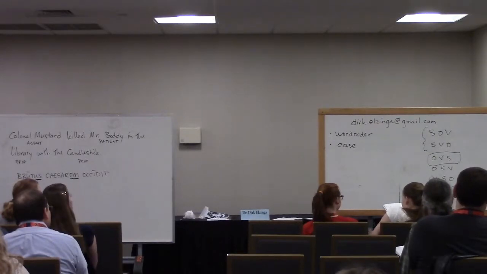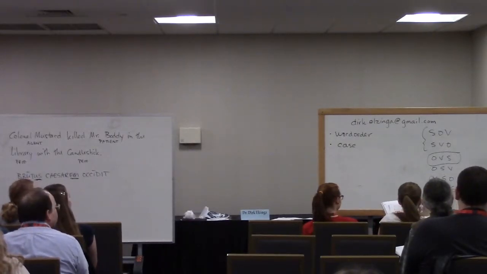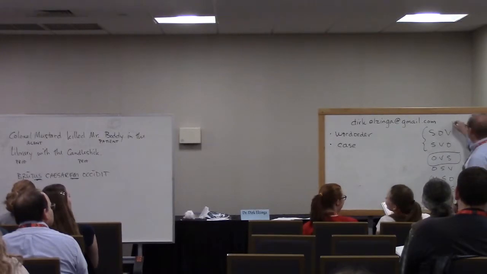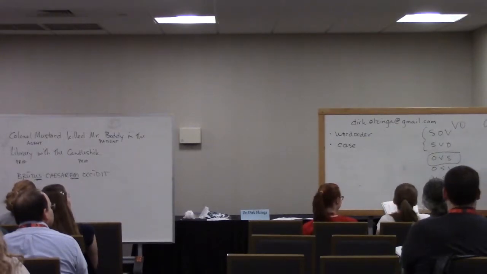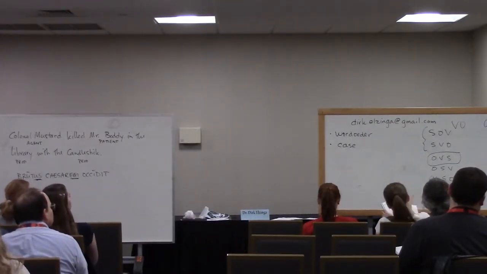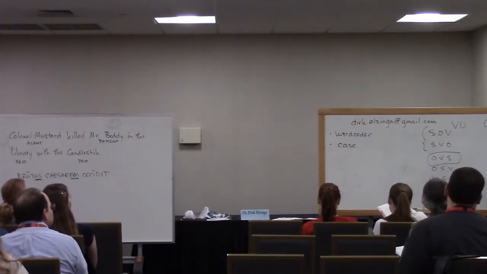Okay? So what seems to be the generalization here is that we have 2 big plans. Either the object can come before the verb, or the verb comes before the object. Those are the 2 big distinctions that we want to make. Okay? And in all of these word orders, one of the 2 things is going to happen.